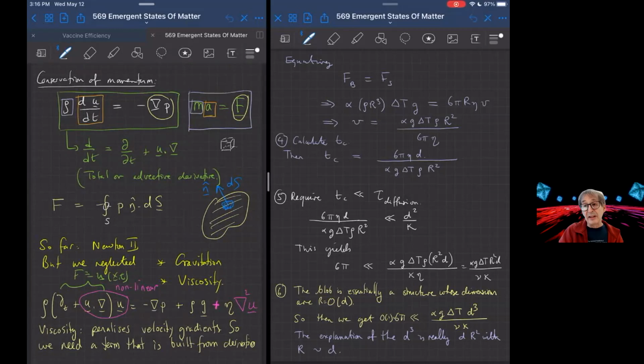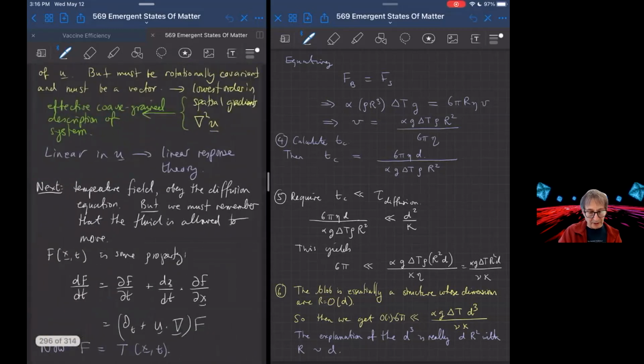And lastly, the dissipation due to viscosity. Eta del squared u is the lowest order term that is rotationally covariant and involves the shear viscosity. Of course, one could envisage higher order terms too, but for the long wavelength hydrodynamic description of this system, this is adequate.